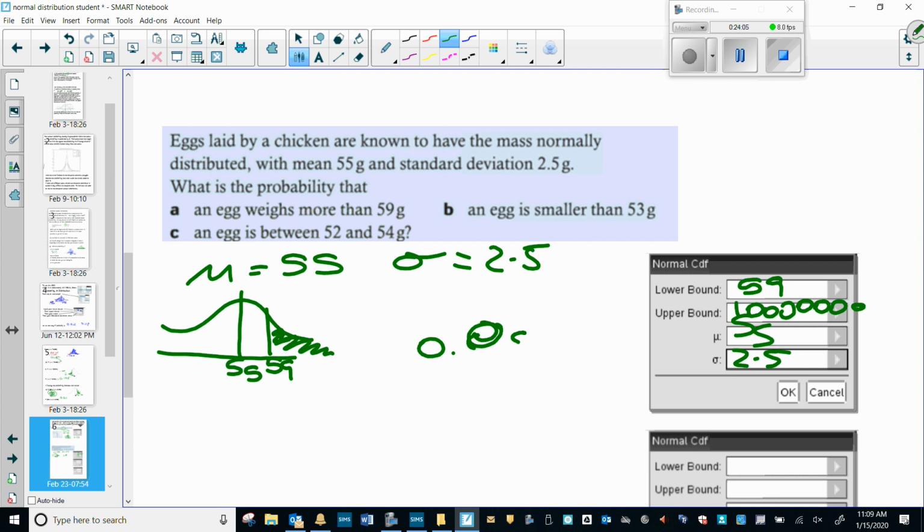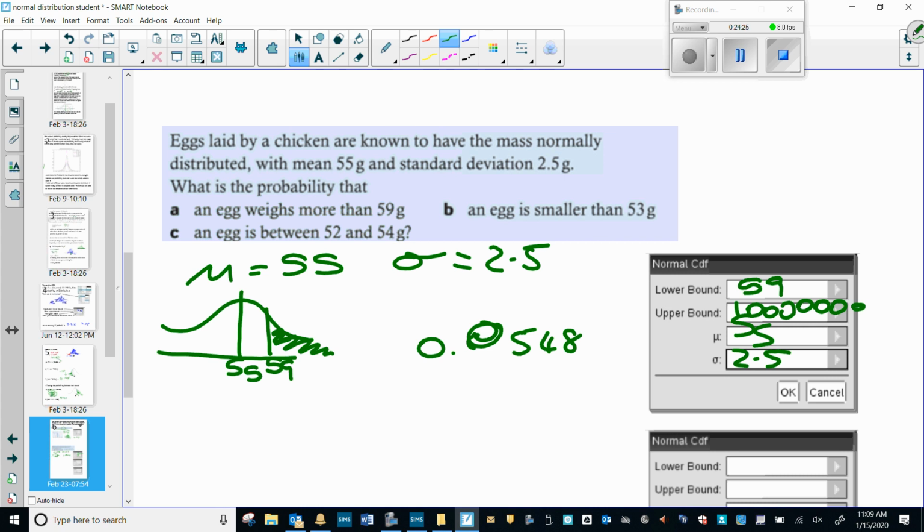Did you mean 5.8? Did everyone get that? And we all use different upper bounds? Yeah. So just be careful though.